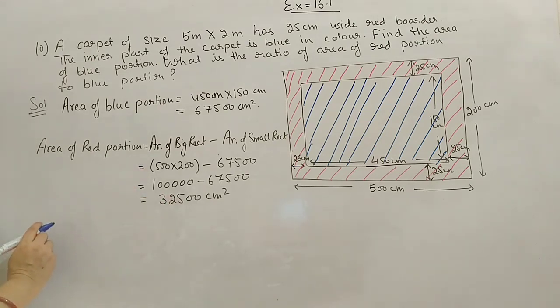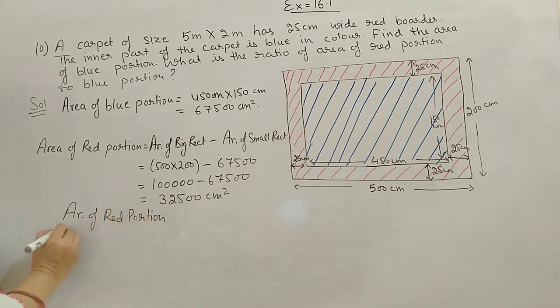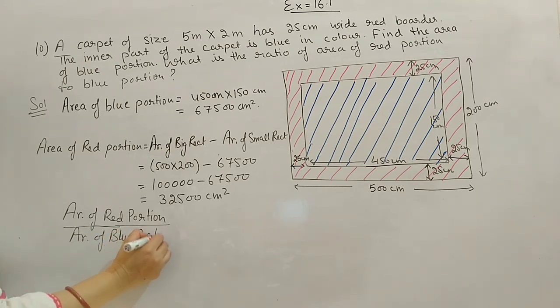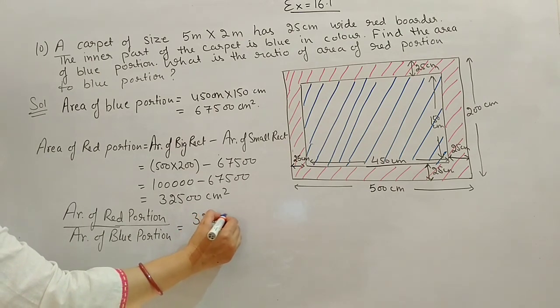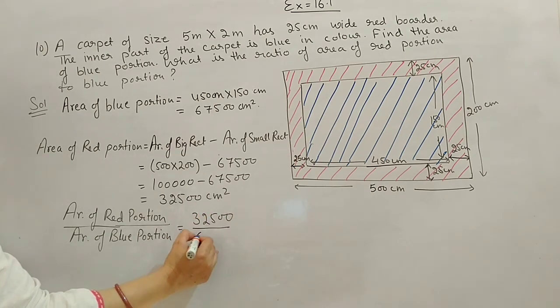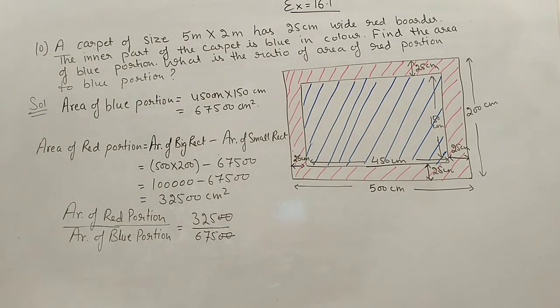Next thing, we have to find out the ratio of area of red portion to blue portion. So area of red portion divided by area of blue portion. Area of red portion is 32500 and area of blue portion is 67500. 2 zeros you can cancel directly.